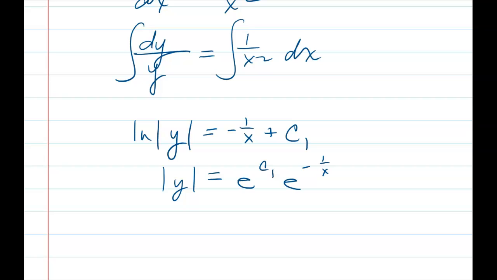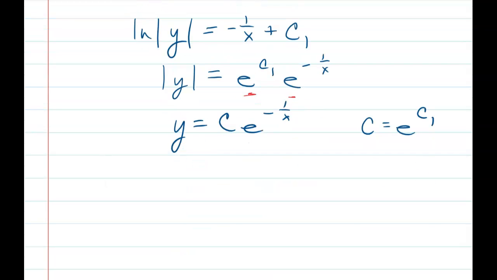If we take a look at it for a moment, we can see that e to the c1 is a positive quantity, and e to the negative 1 over x is also a positive quantity. And so when we drop the absolute value sticks here, we can simply say y is equal to c times e to the negative 1 over x. In this case, we've let c take the place of e to the c1.